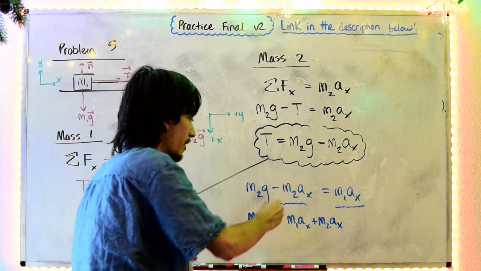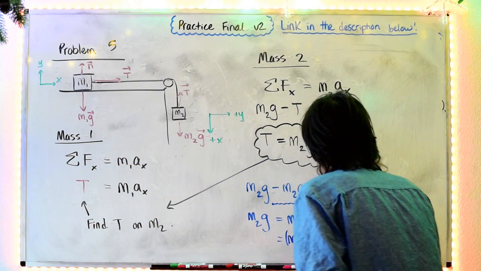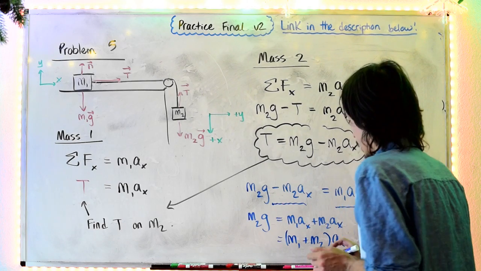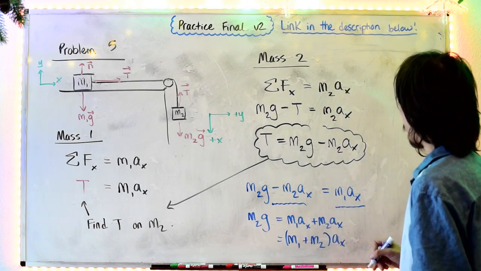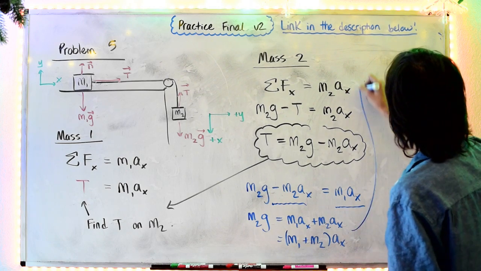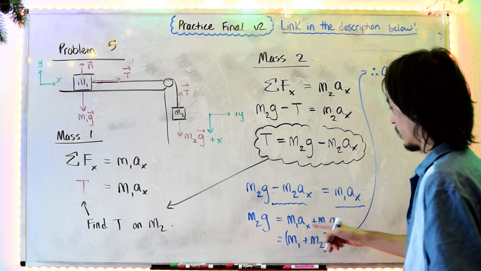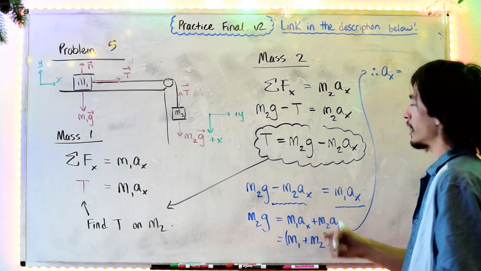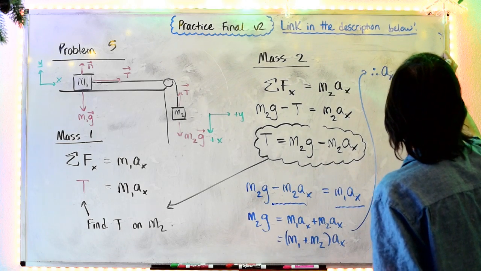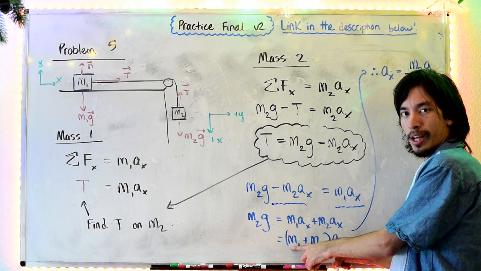Factor out the common acceleration, because they're the same, m1 plus m2 times ax. Then just divide off the remaining extra stuff. So in the end, therefore, the acceleration is, the only term left on the left side is the m2g, and we're dividing by m1 and m2.